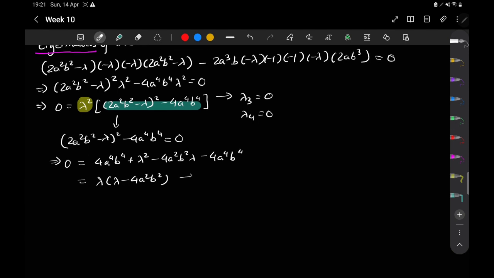Now this gives me lambda 2 equals 0 first from this term, and then from this term we get lambda 1 equals 4a squared b squared.